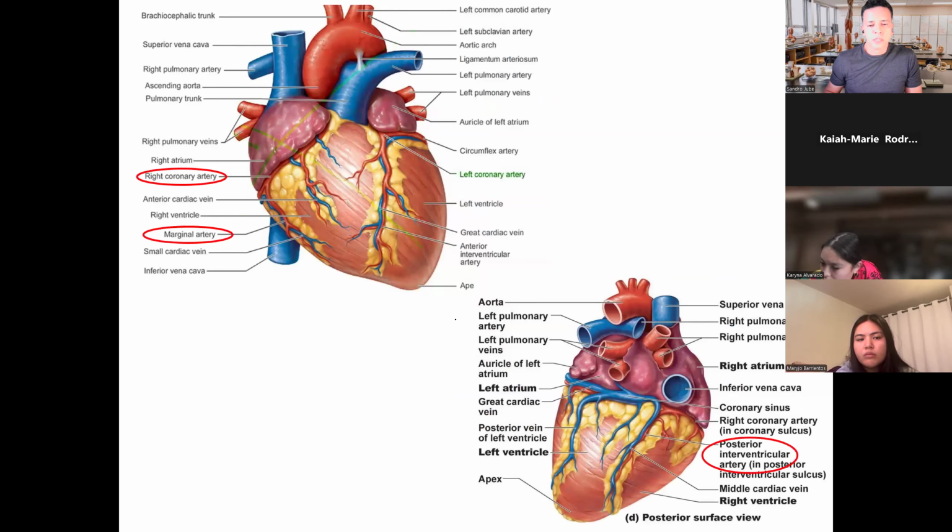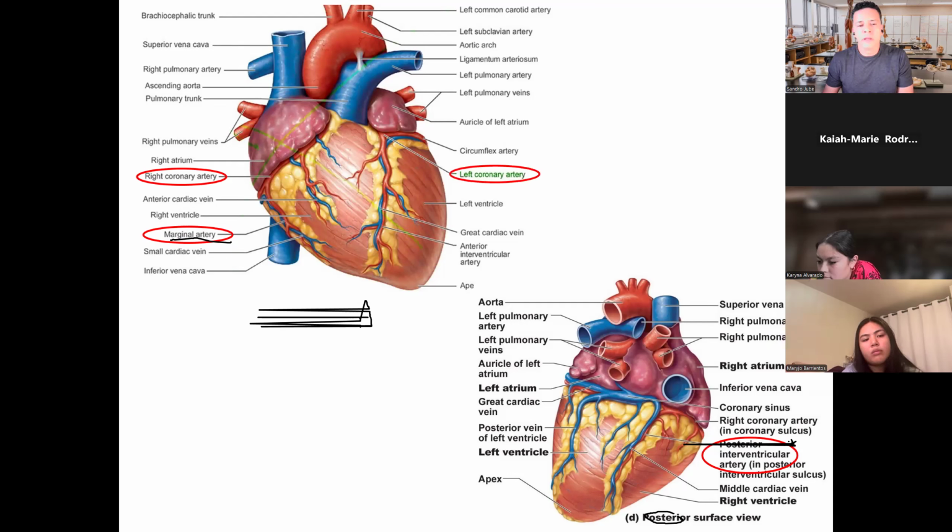So again, let me show you all of these blood vessels of the coronary circulation, both in the anterior view of the heart as well as a posterior view. So we can see the right coronary splitting into marginal artery and posterior interventricular artery.